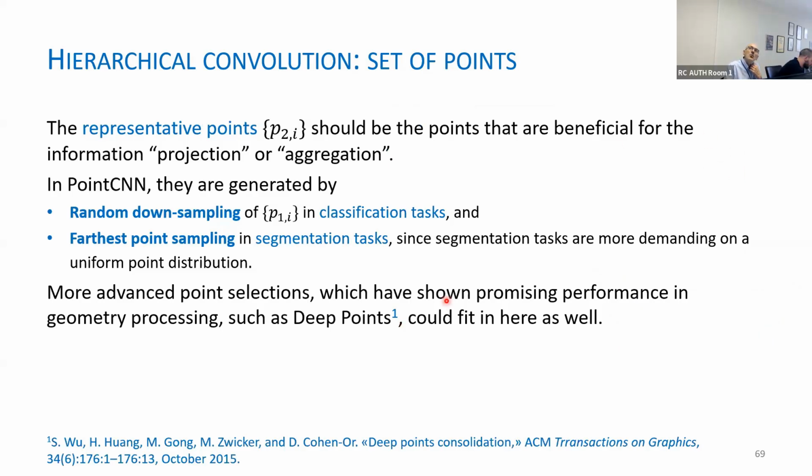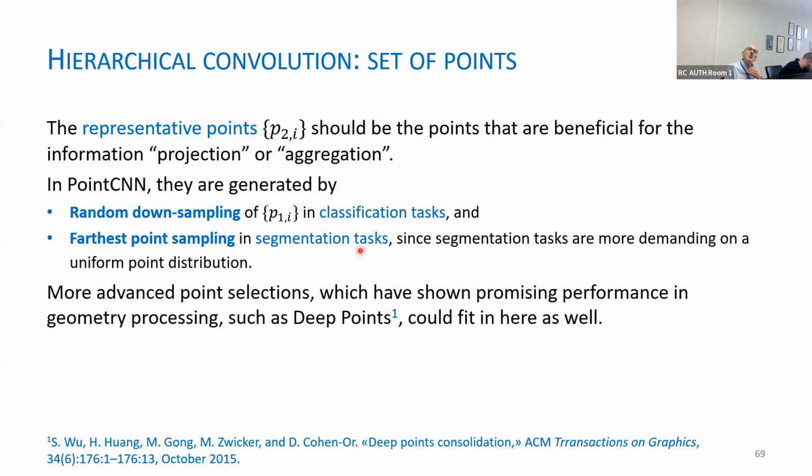And so, of course, the first problem that they try to solve is how to select these representative points, because they should be the points that are most beneficial, as it is reported here, or important for the operation of projection or aggregation of neighboring points. And so, also in this case, there are 2 solutions. One is to use random downsampling, so we can pick the points randomly.